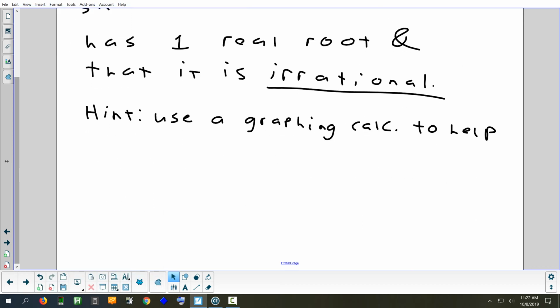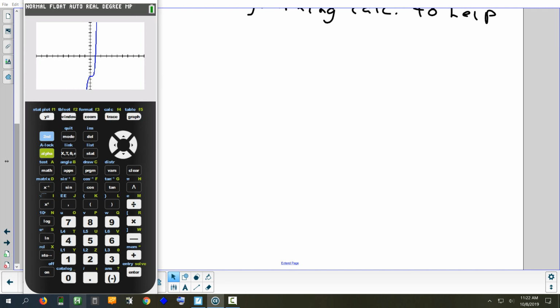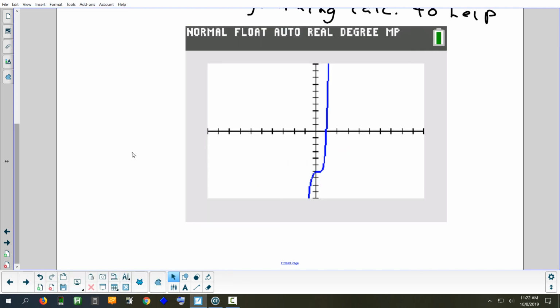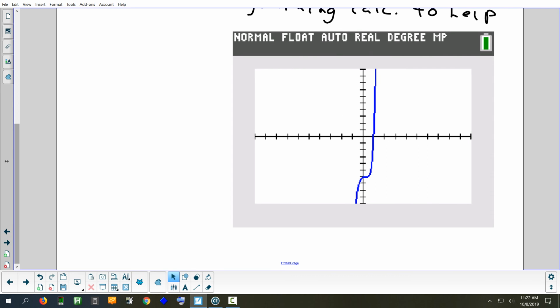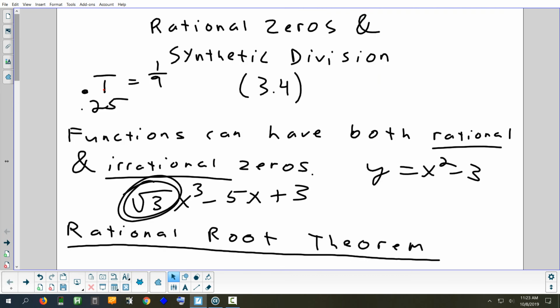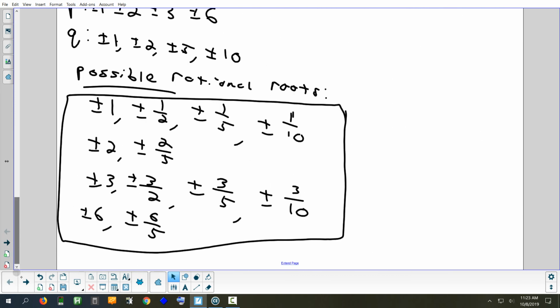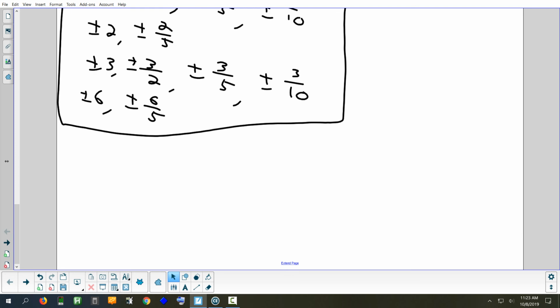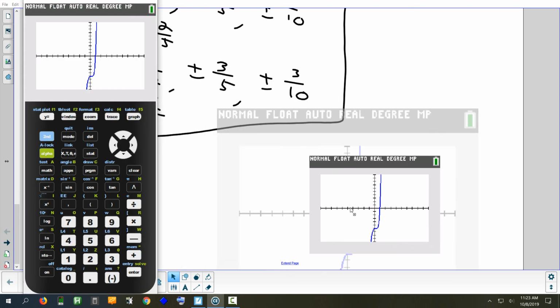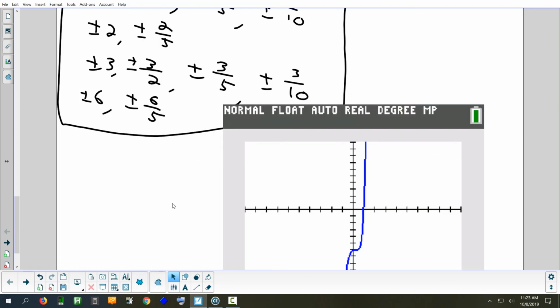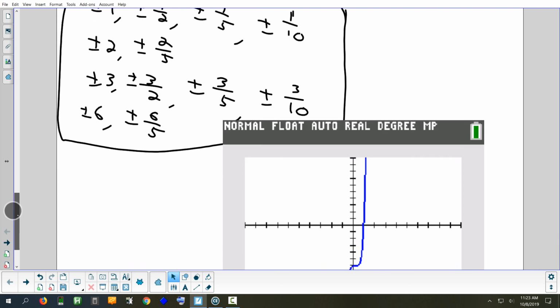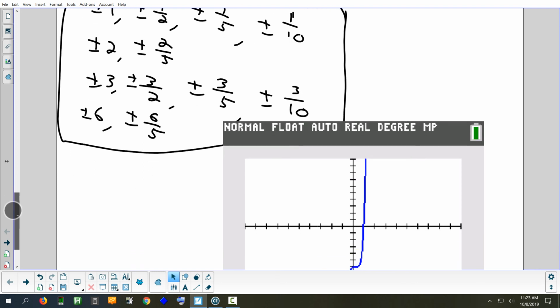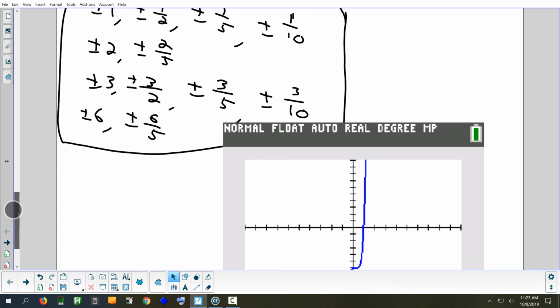Now, I'm going to try to make that a little bigger. And when we look at that graph, it might be helpful to have it on the same page as these numbers. Let's look through our list of rational numbers and see if that looks close to any of them.